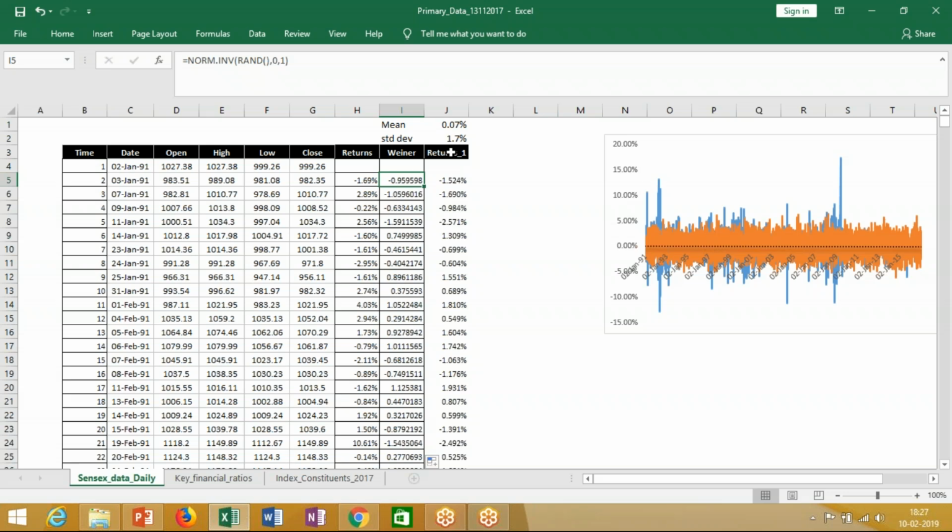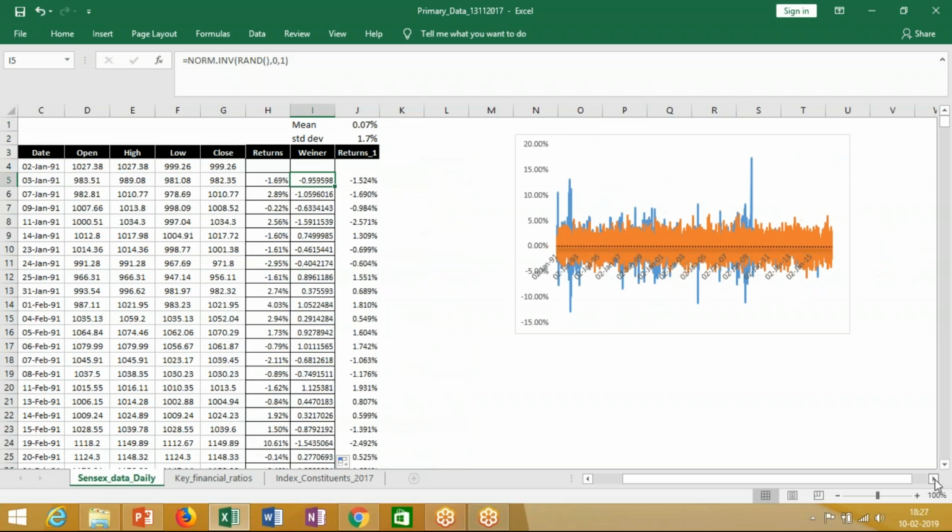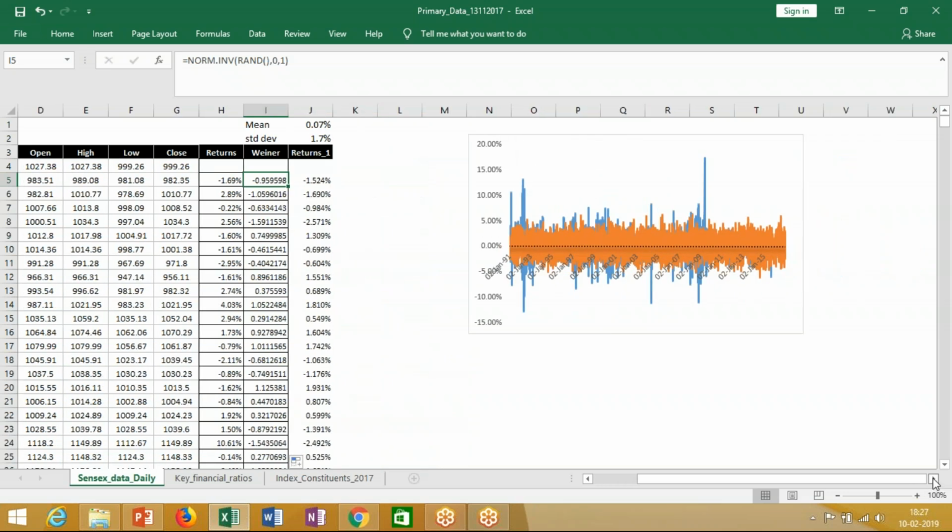So given the mean and the standard deviation, with this Wiener process in place, you can simulate the movement of a stock price. This is your geometric Brownian motion. The huge spikes here and there are not replicable, but the average behavior of the movement is replicable by this Wiener process.